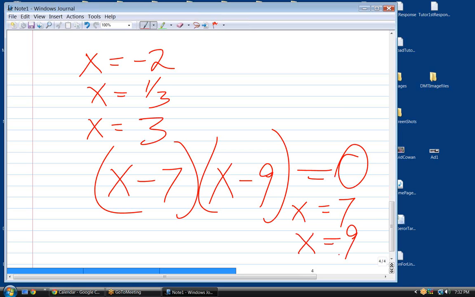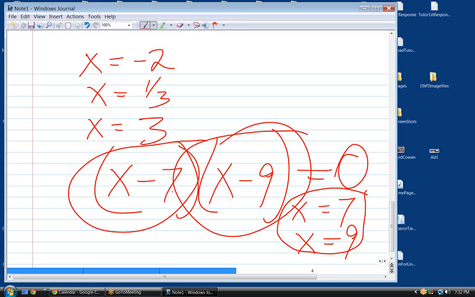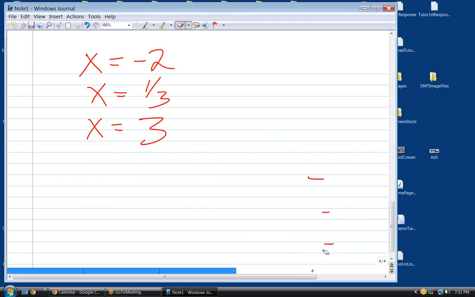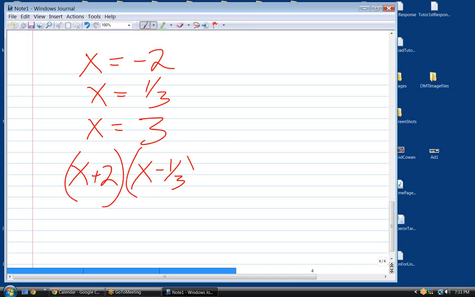Okay, so they're asking you to go backwards here. They're giving you the zeros and asking you to come up with the linear factors. So what are the linear factors for us? x plus 2, x minus 1/3, and then x minus 3.